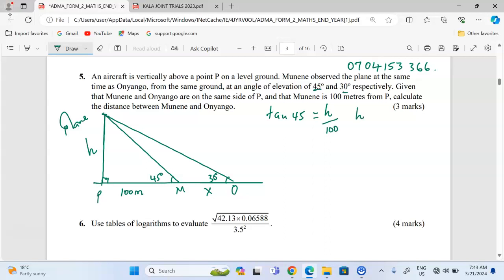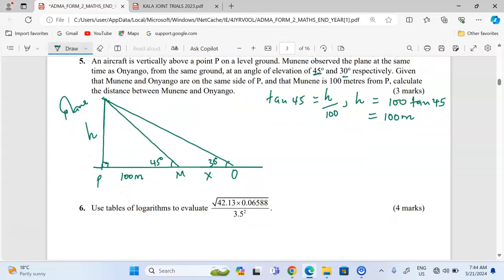That means you can remain with h by taking 100 tan 45. So the value of h is going to be 100 tan 45, giving us 100 meters. So the height is 100 meters.